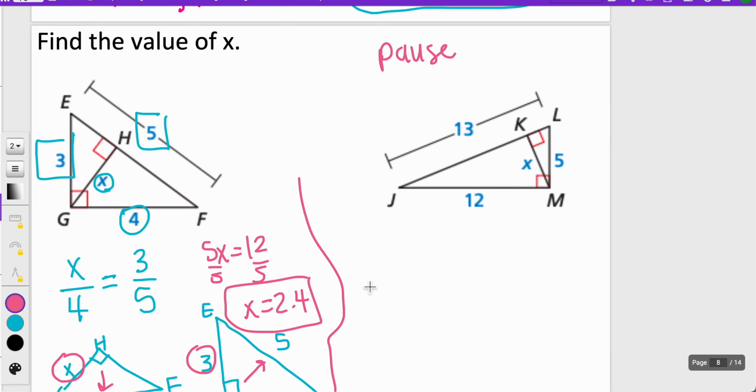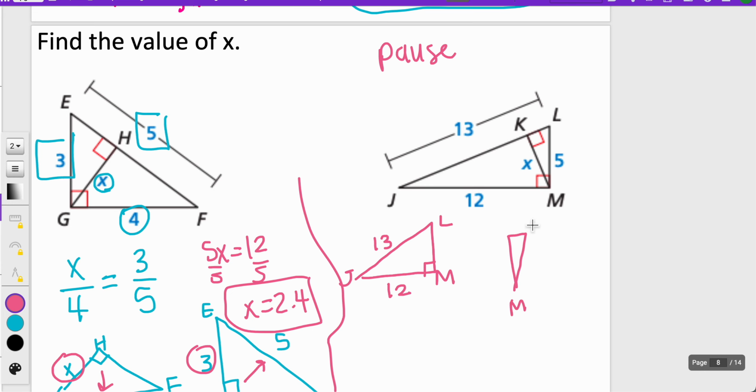All right, one way you can do this is just draw your two separate triangles. So I have J, M, and L. Here's my right angle. JM is 12. JL is 13. And then I have my smaller triangle.